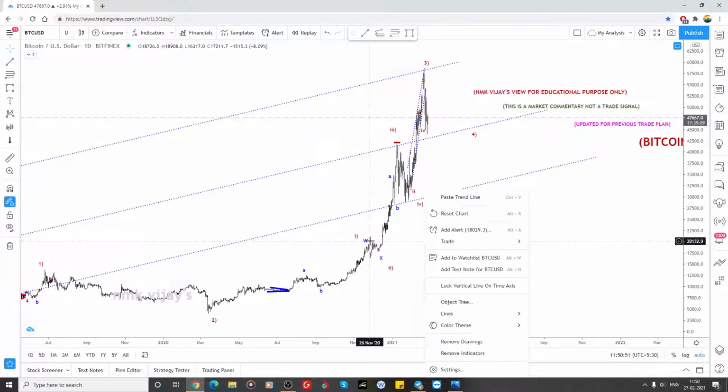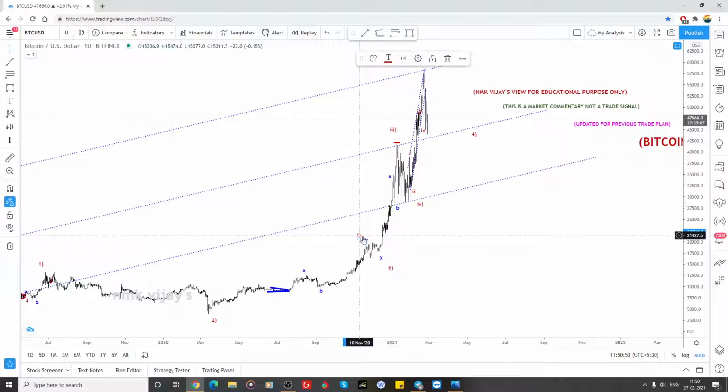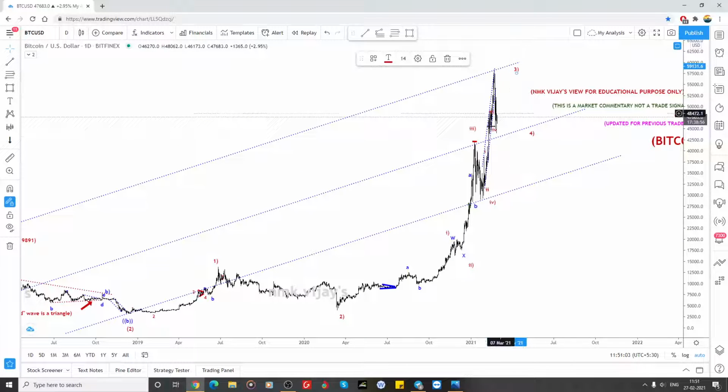But sometimes as of now, A, B, C is a 1, 2, 3, 4 and 5, meaning this is the end of this third. This could be the end of the third, and we are in that fourth wave.